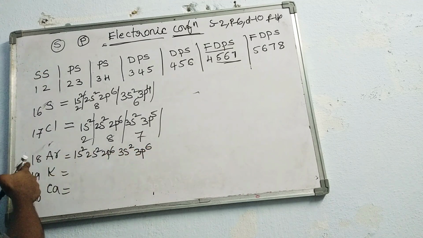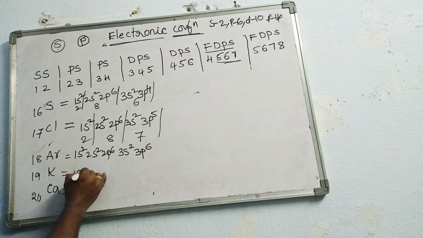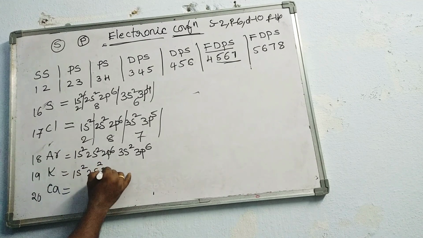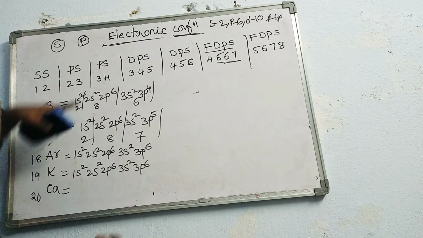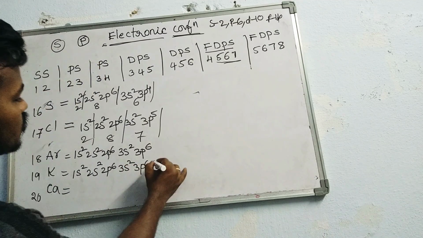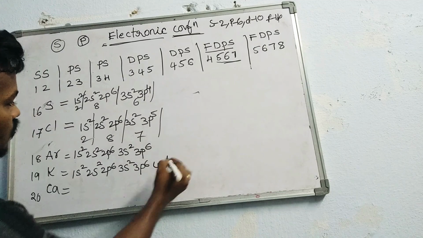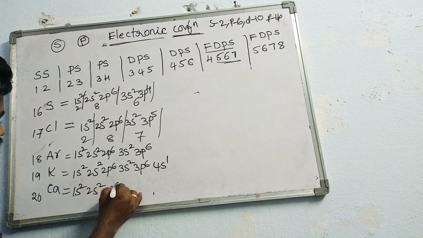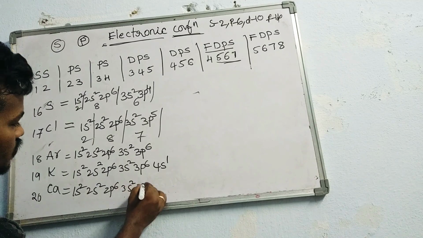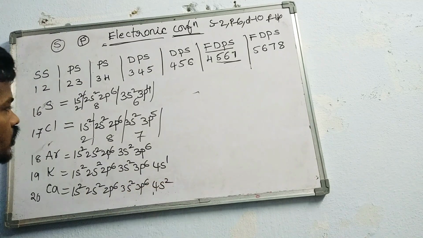Total electrons should be equal to the atomic number. After the 3p6, what will be there? 4s we can write. How many electrons are left? 1 electron, so 4s1. For calcium, we write 1s2, 2s2, 2p6, 3s2, 3p6, and now 4s2.